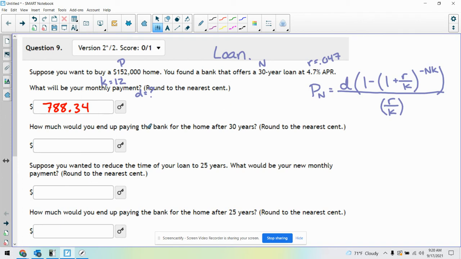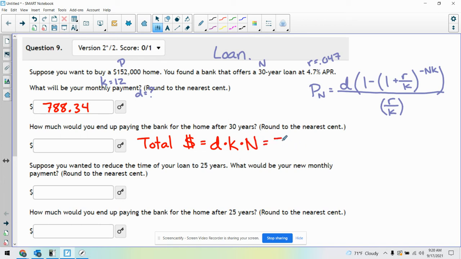Okay, it says, how much will you end up paying the bank for the home after 30 years? Whenever you're looking for total money, either total money paid or total money withdrawn, that's going to be our monthly payment times the frequency times the number of years.